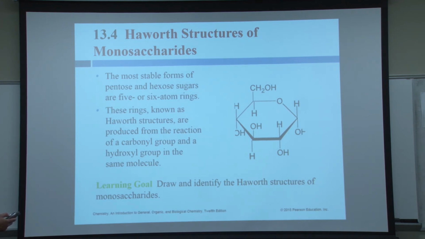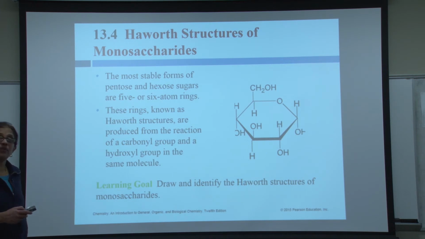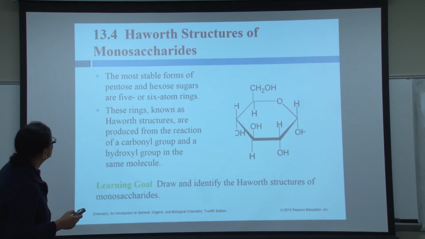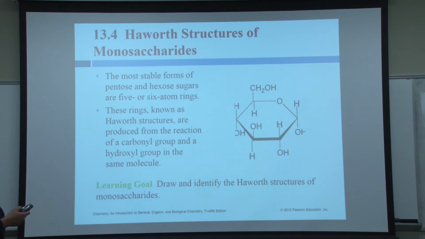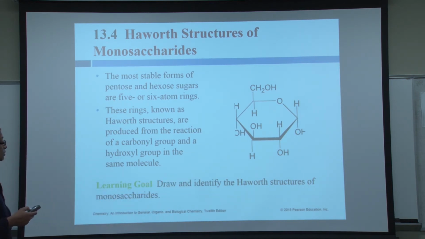Now we are going to discuss the Haworth structures of monosaccharides. We just discussed the Fischer projections and how to determine the D and L enantiomers. Now we are going to talk about the Haworth structure, and this is what a Haworth structure looks like. The goal will be to draw and identify Haworth structures of monosaccharides.